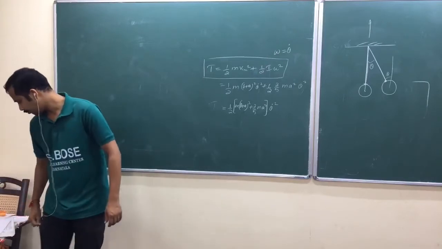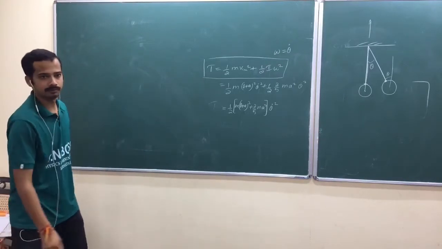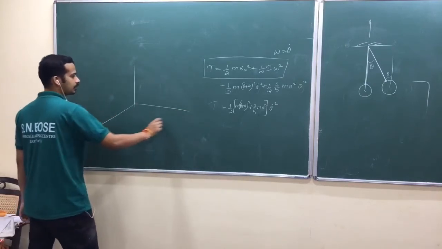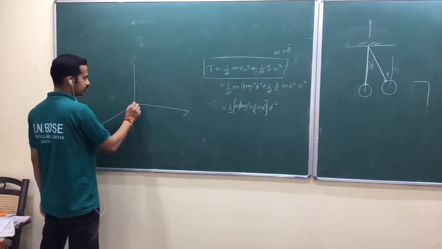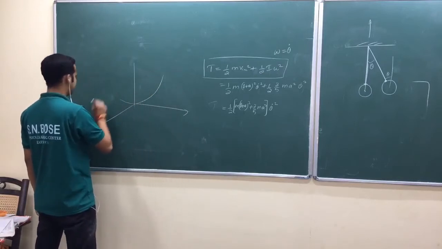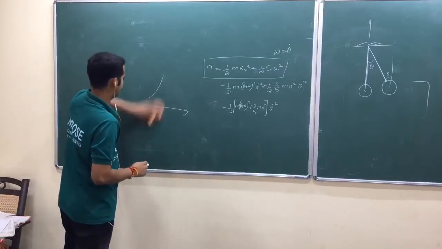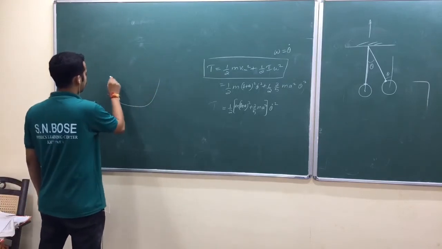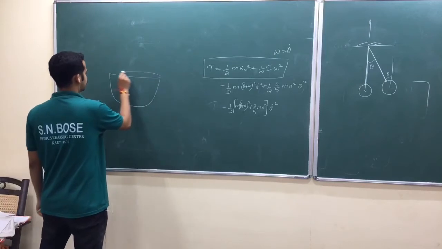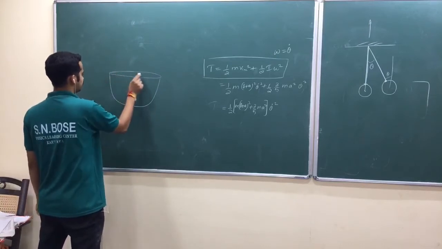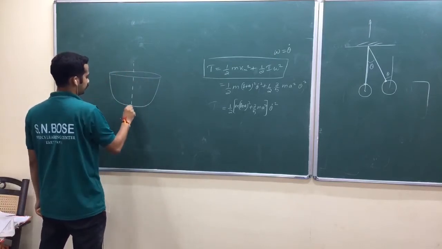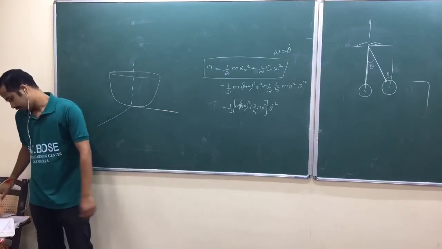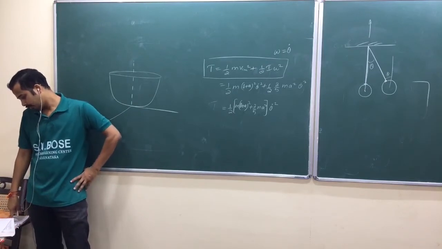So a particle of mass m moves inside a bowl. What is the shape of the bowl actually? Again, that's also cylindrical symmetry. Okay, the shape of the bowl is like this, am I right? What is the rule? First draw the bowl, then draw the axis. Now, a particle of mass m moves inside a bowl.